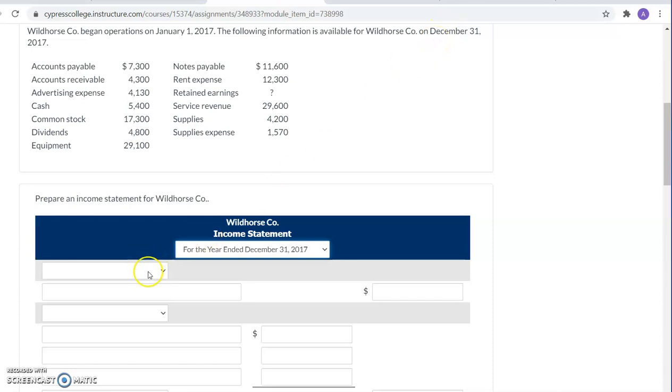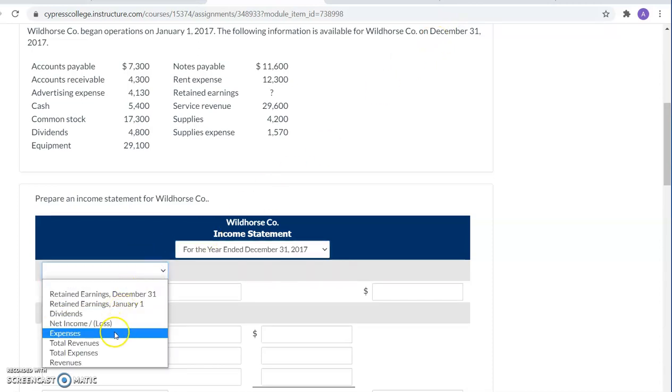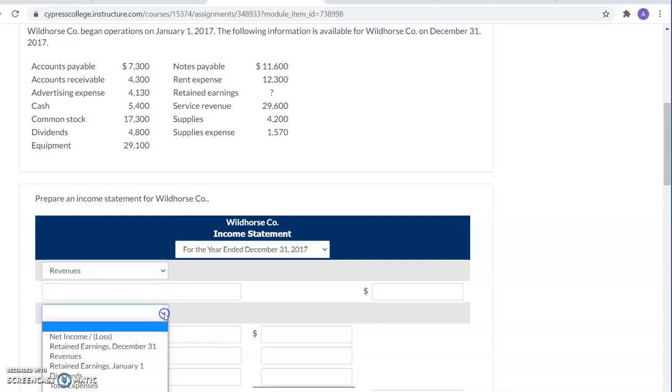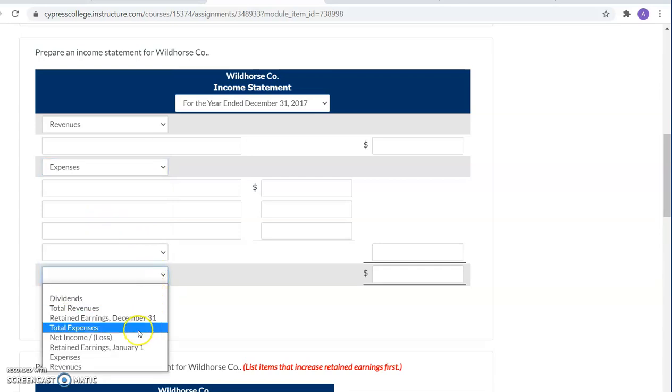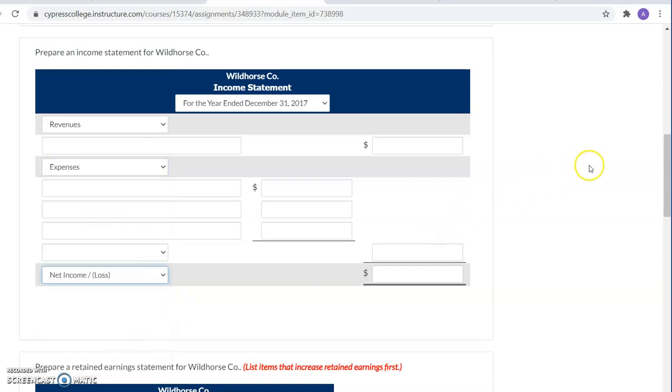And the income statement tells us about a company's revenues and expenses during that period of time. And the main goal is to arrive at the net income or net loss.